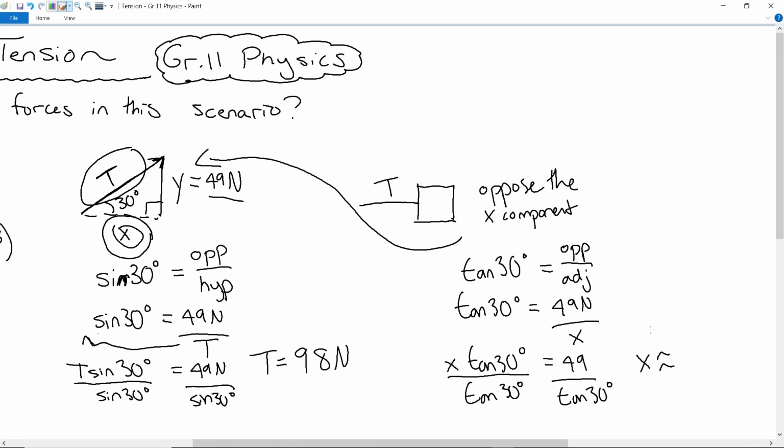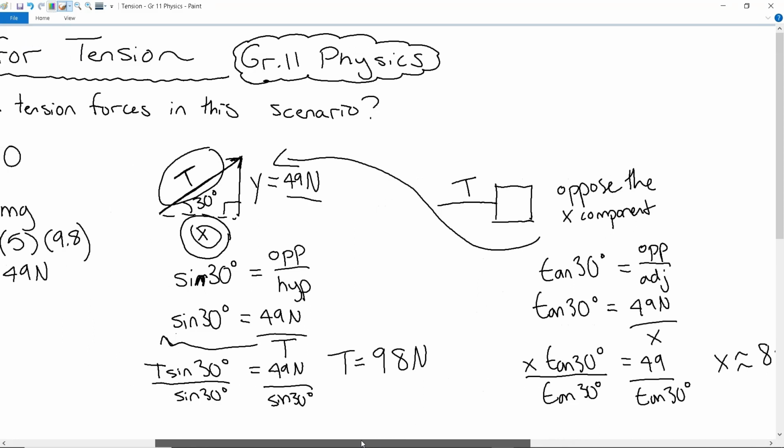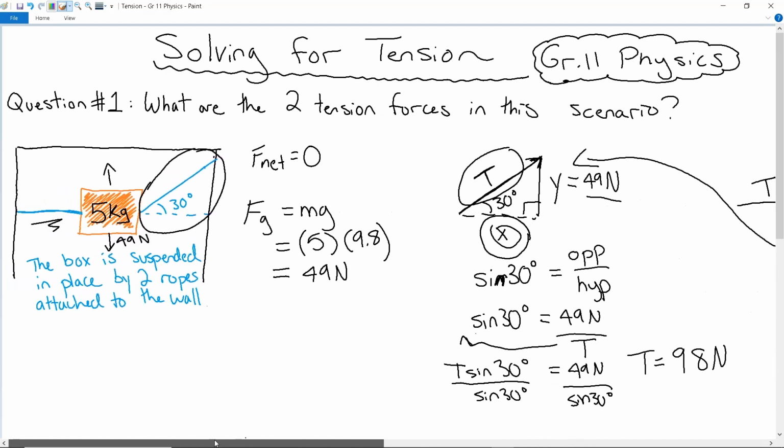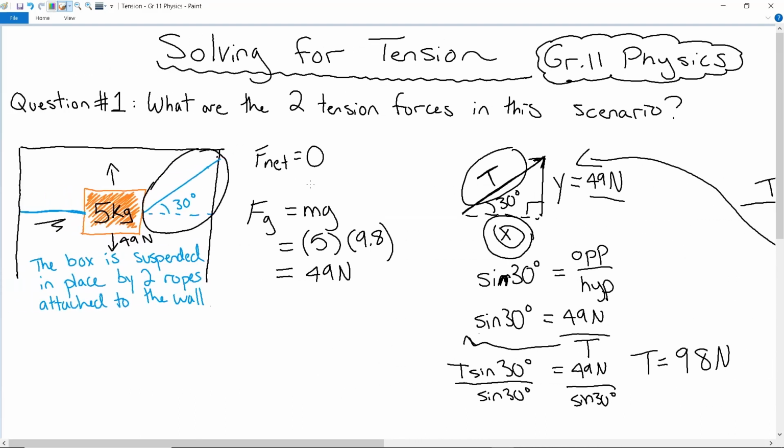We get an approximate value of 84.9 newtons. So to wrap it up, let's go back to our diagram. We can say that this rope has 98 newtons of tension force.